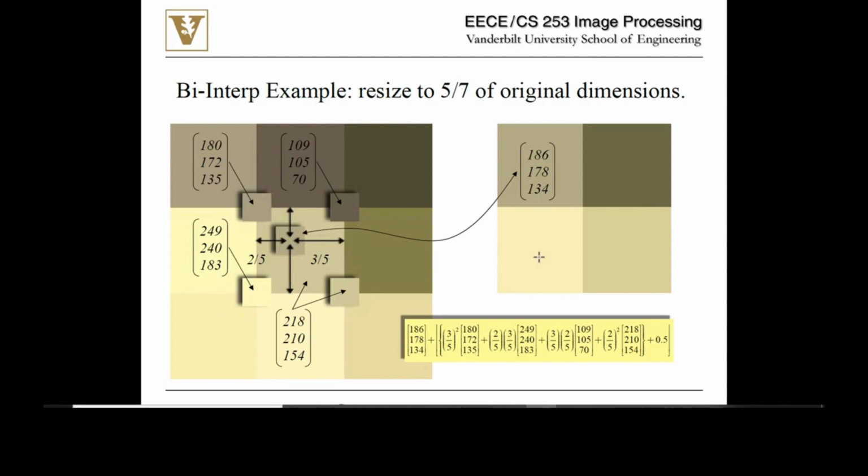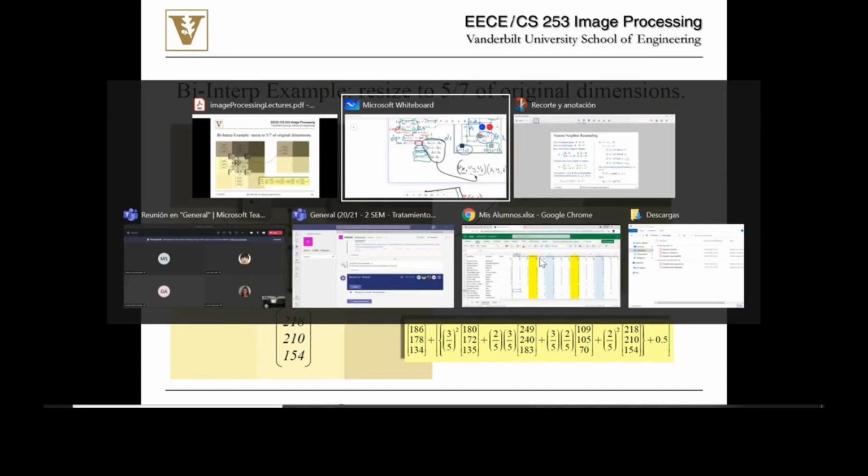So let's say, okay, so I'm close to this one. So it is 1 minus delta R, 1 minus delta C. In both directions, it is the fraction. So 1 minus 2 over 5 is 3 over 5. Okay, so we have 3 over 5 squared, and then this one is farther. This one is farther, so they have a little bit smaller weight. This one is much farther, so it has the smallest weight. And then this plus 0.5 and then rounding down is a 3. So this is a 3, computationally.